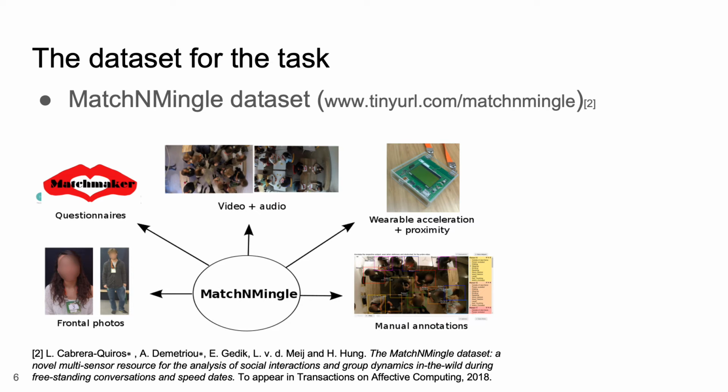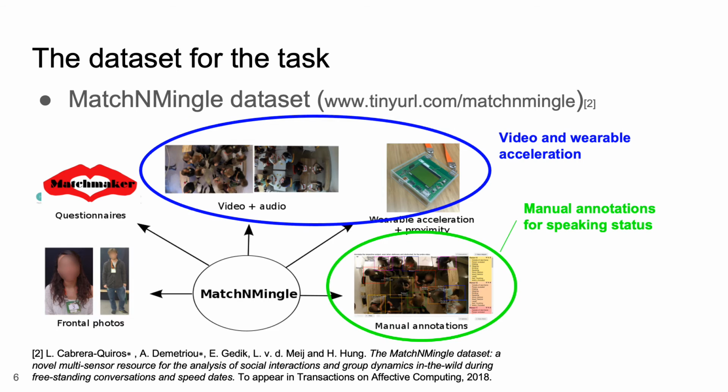The dataset that is used for this task is the Match and Mingle dataset. This is a dataset that has both speed dates and mingling events that took place over 3 days. For this particular task, we only used the mingling events, where people are talking to each other freely.